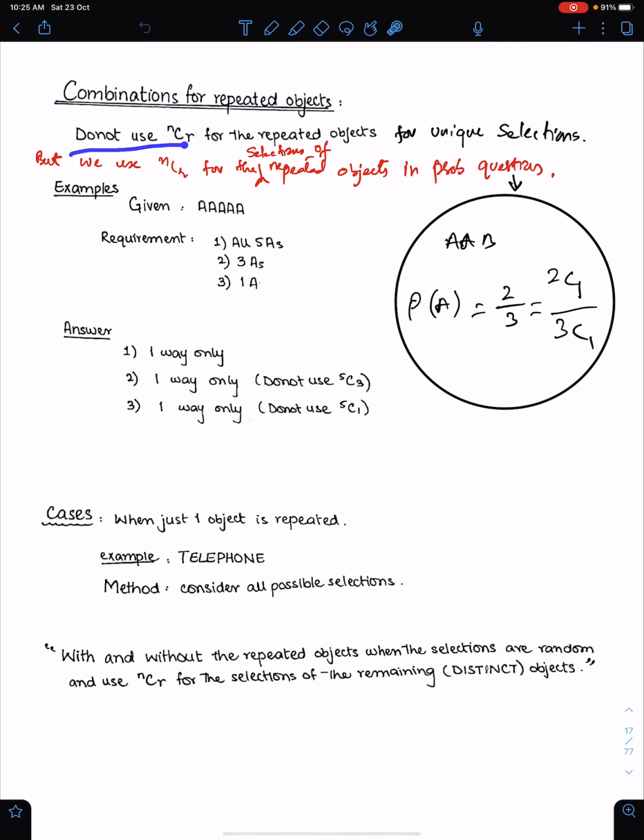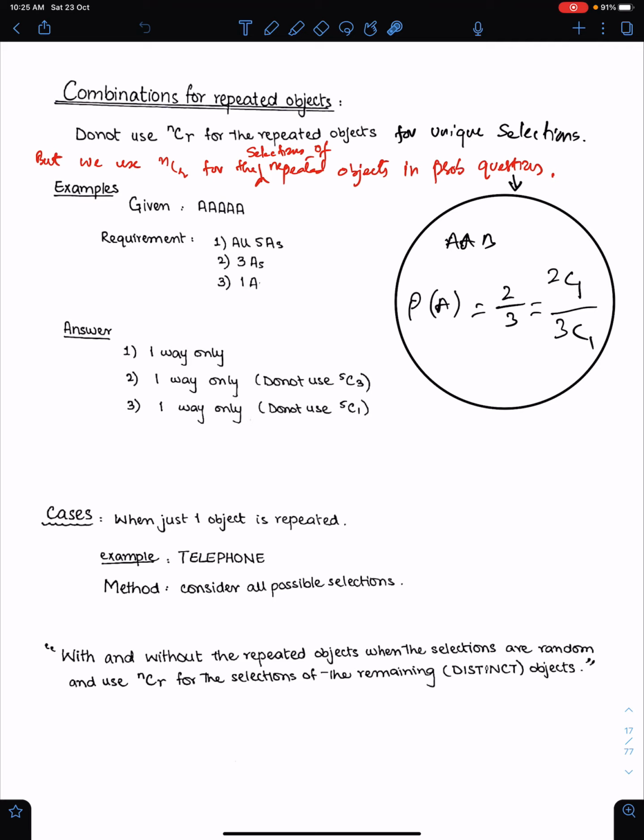Do not use NCR for the unique selections of repeated objects, but always use NCR for the selections of repeated objects in probability questions. So if the question is of probability, then you have to use NCR even for repeated objects, but you cannot use NCR for the unique selections of repeated objects.